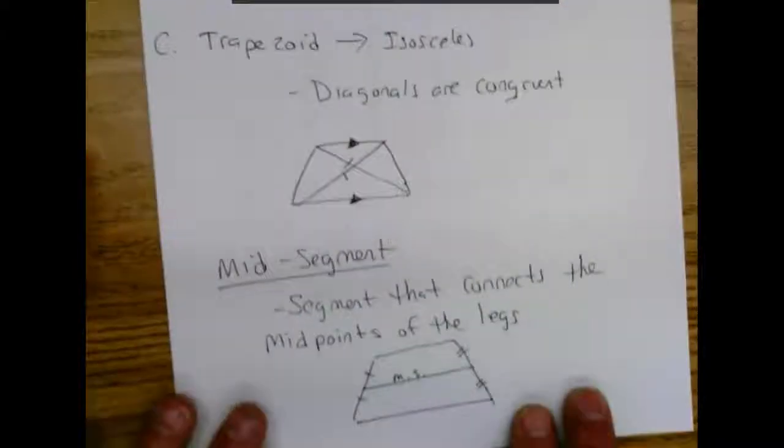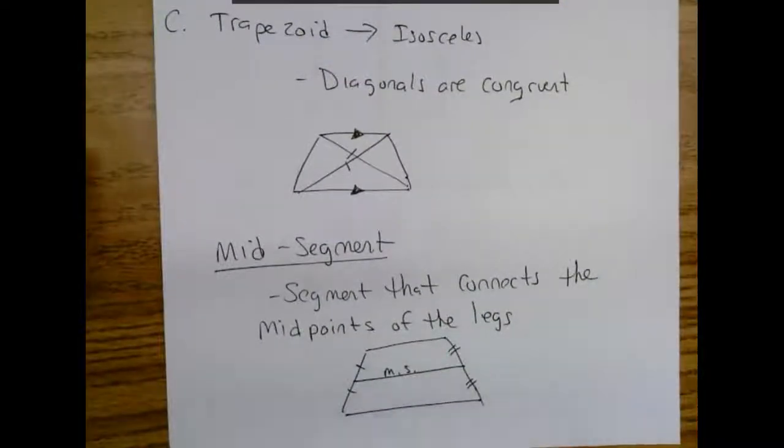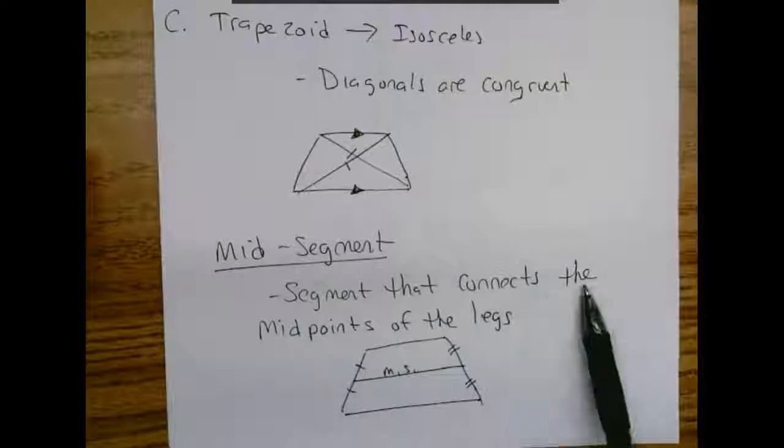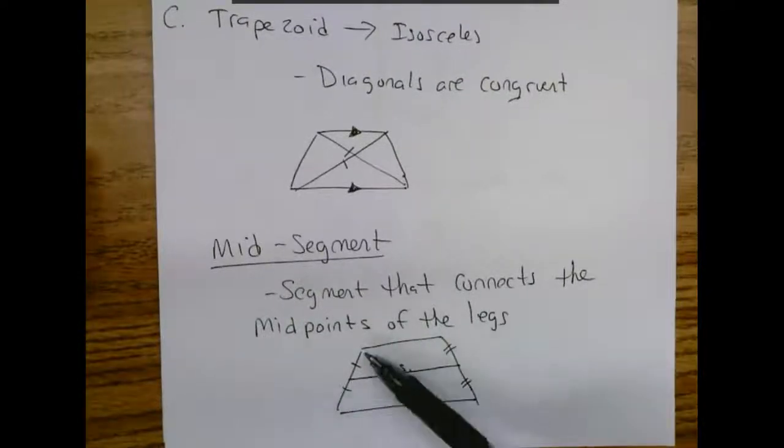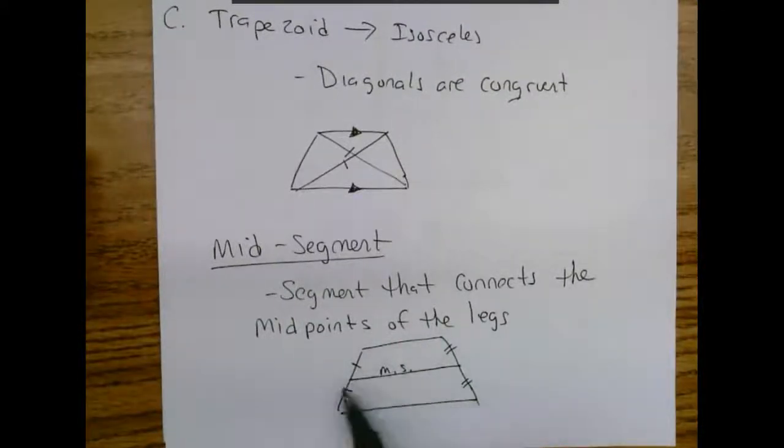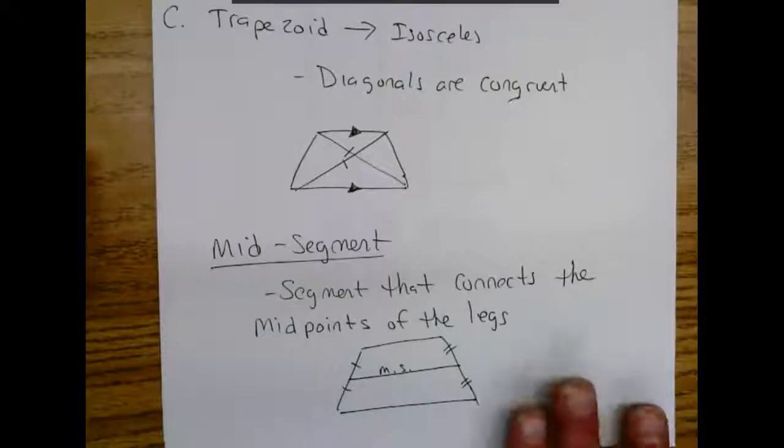So there's also something that goes along with this, and it's the mid-segment of a trapezoid. A mid-segment is just a segment that connects the midpoints of the legs. So here we have the legs, this mid-segment comes in and it divides them equally, so that both of these lengths are congruent. Keep going. We then look at the theorem for that.